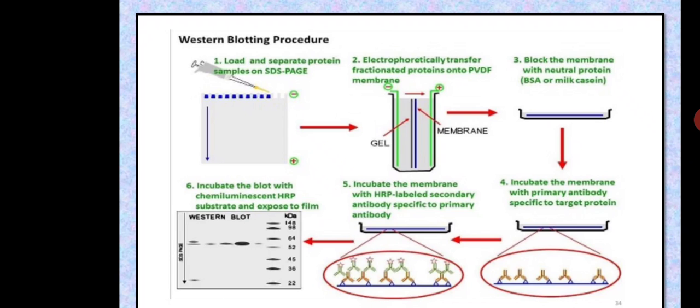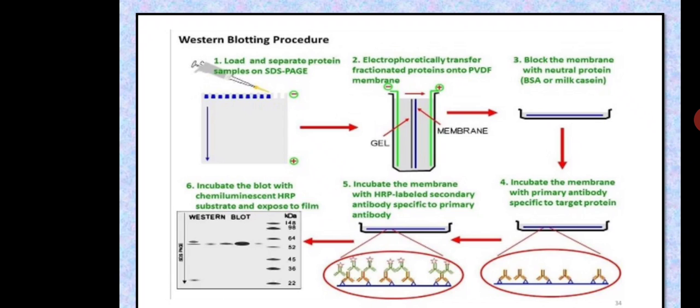The separated protein along with the gel was put on the nitrocellulose membrane or nylon membrane, and here the example given is PVDF, which is specially used for protein. Either you can use nitrocellulose membrane, which is perfect for this technique also. So this was the third step, that is blotting.